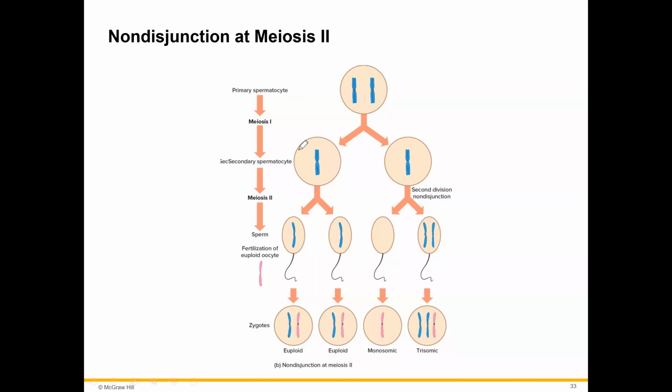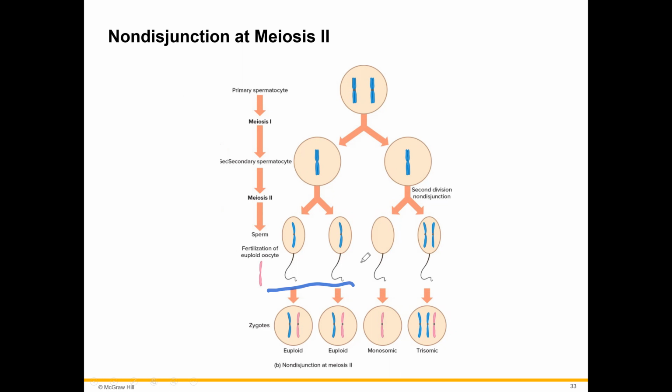But if it happens in meiosis 2, we're going to look very quickly. In meiosis 1, everything is fine. You see how one chromosome goes to one daughter cell, another goes to another daughter cell. Now we need to split this chromosome in half, and this half is called a chromatid. So this one is fine, it split normally, and this one did not. So it happened during meiosis 2. Now this cell is missing a chromosome, and this cell has an extra chromosome. And look, some zygotes can be euploid, so have a normal number of chromosomes.